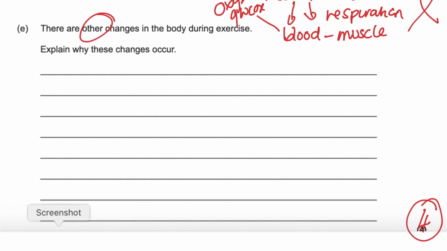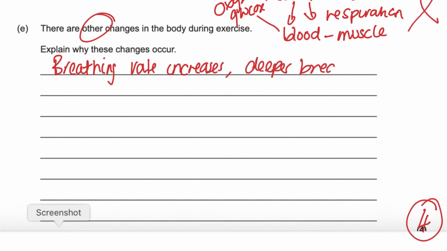So what is the other change that happens when we exercise? Our breathing rate increases. It also gets deeper. So we breathe faster and deeper. Why do we do this? Okay, so it says explain, so we need to say why. Because why do we breathe deeper and faster?